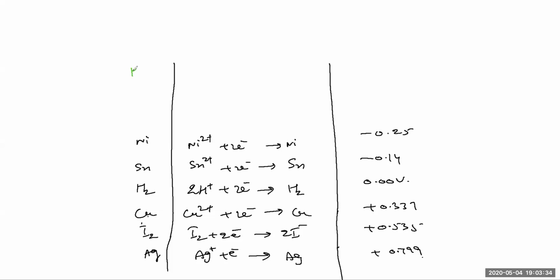Mercury, Hg. Here it is mercuric, Hg 2 plus, 2 electrons gives rise to Hg, plus 0.885. Next, bromine, Br2. Br2 plus 2 electrons gives 2Br minus, bromide.